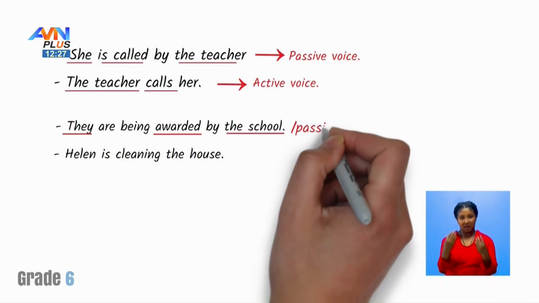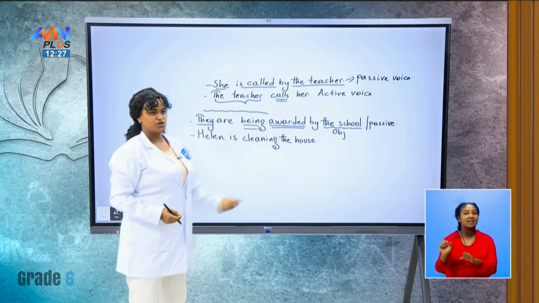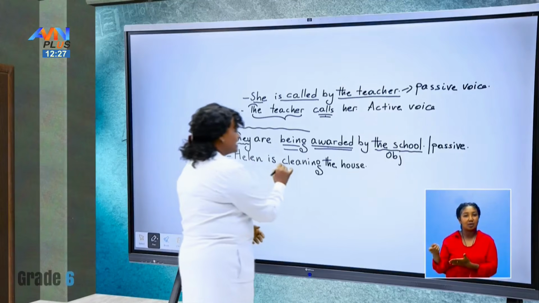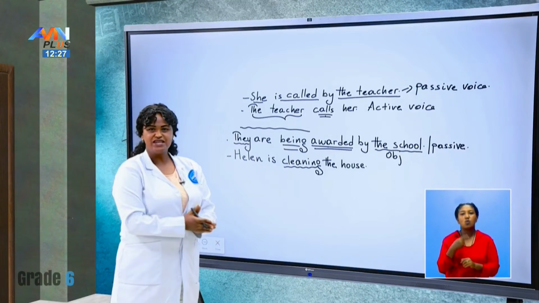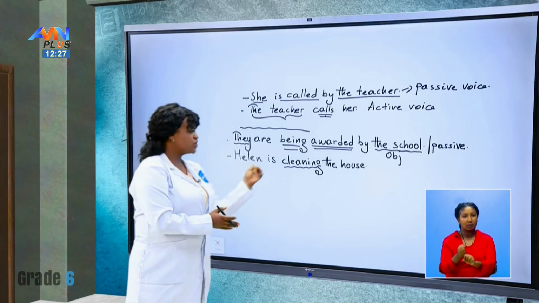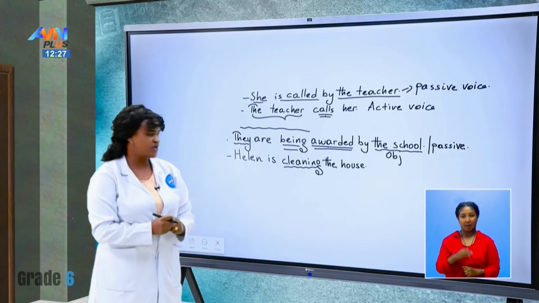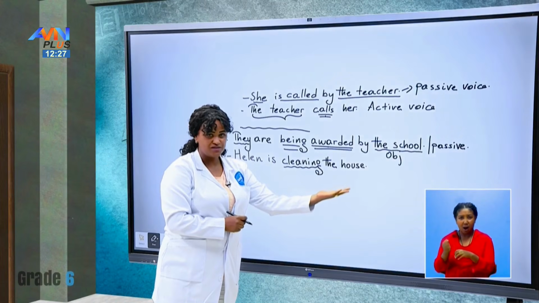Passive, right? Let's go to this one. Helen is cleaning the house. The action which is performed here is what? Cleaning. Yes? Okay. Who is the cleaner in this sentence? Is it the subject or the object? I know most of you said the subject, yes? Because the house cannot perform an action, right?